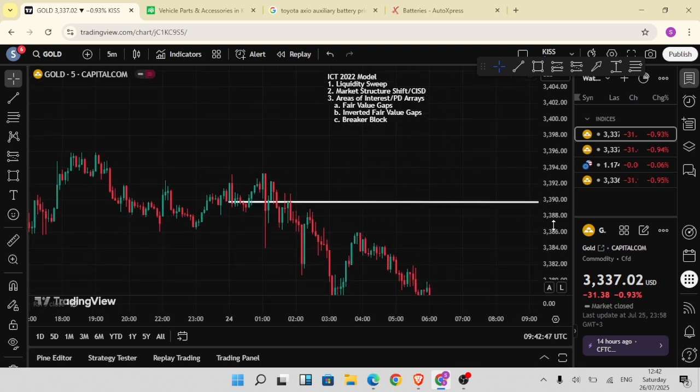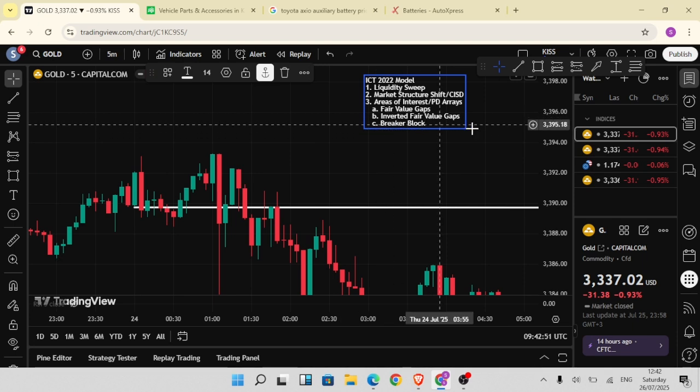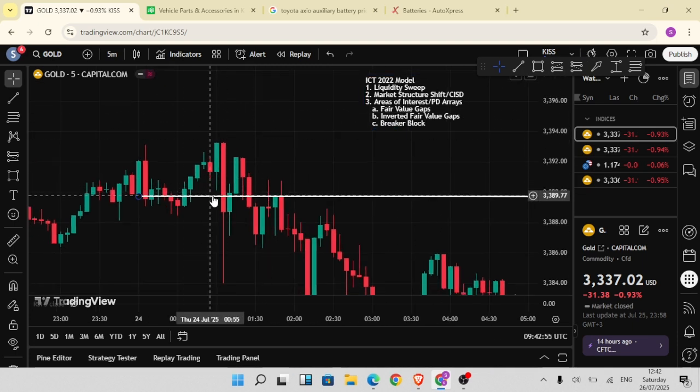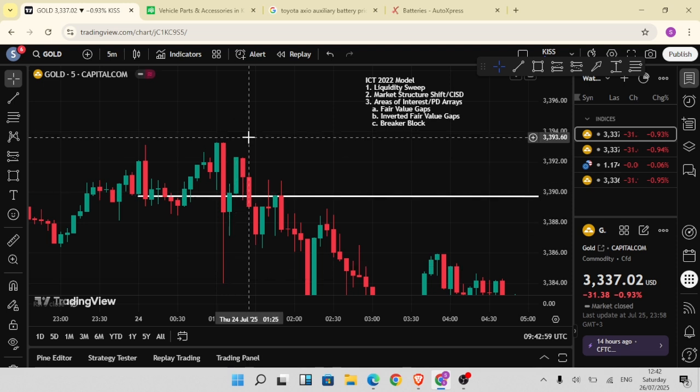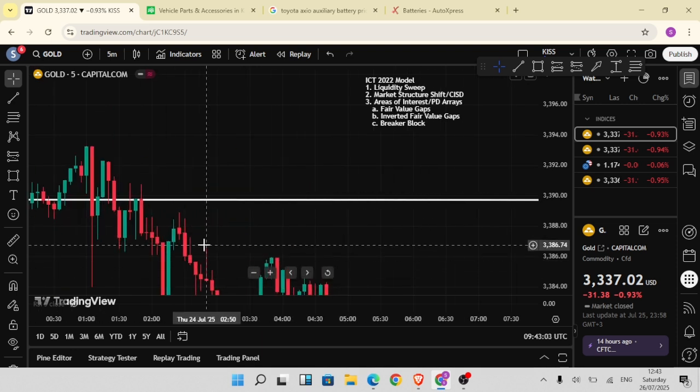Our previous entry was as simple as placing a sell stop right here. Price activates the sell stop, loss right above this area, and wait for the trade to play out.